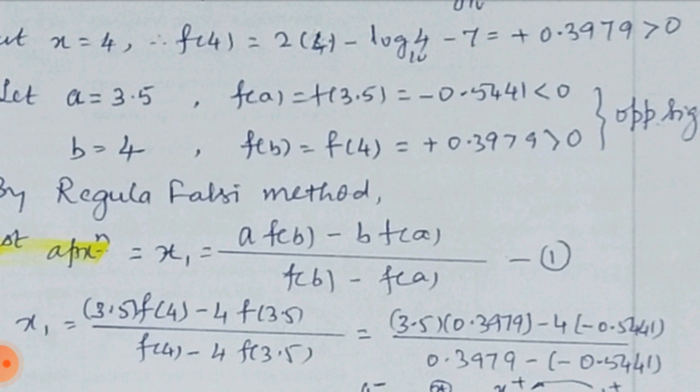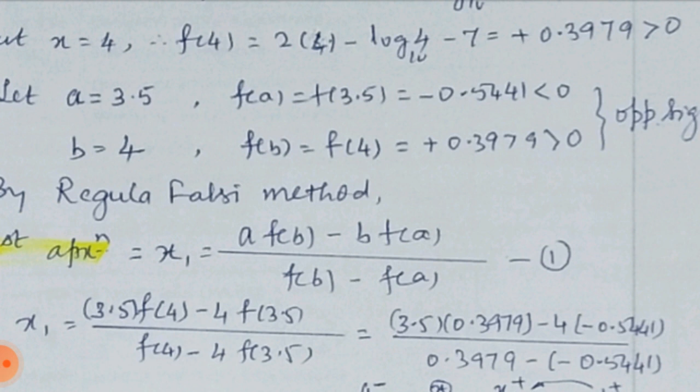Substitute for a and b. x1 is equal to 3.5 into f of 4 minus 4 into f of 3.5 divided by f of 4 minus f of 3.5. Here, 4 is a common multiple in the denominator, so cancel it and overwrite. That is f of 4 minus f of 3.5.